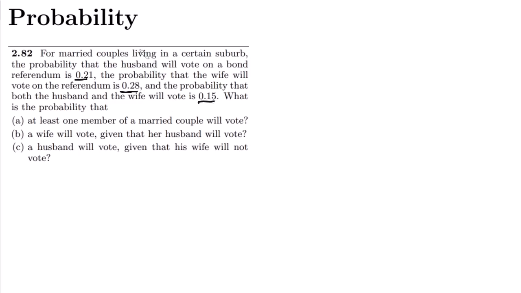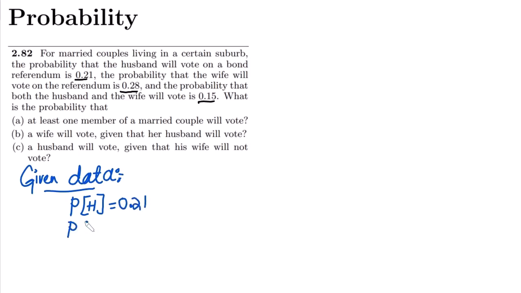So let me first write this given data over here. Let me represent husband with H and wife with W. The probability that a husband will vote is given as 0.21.